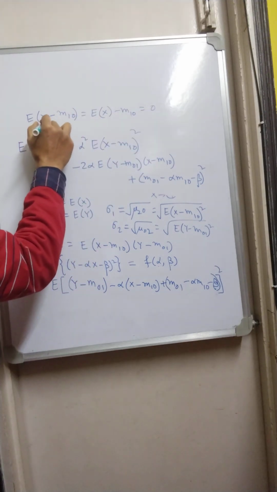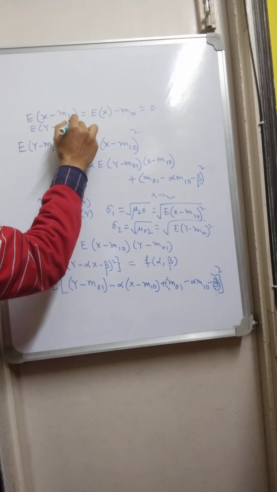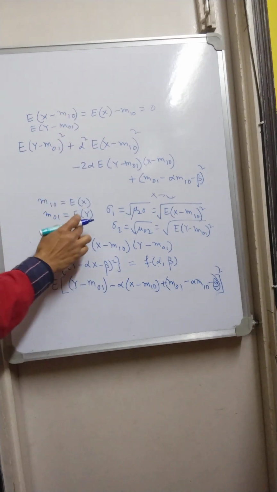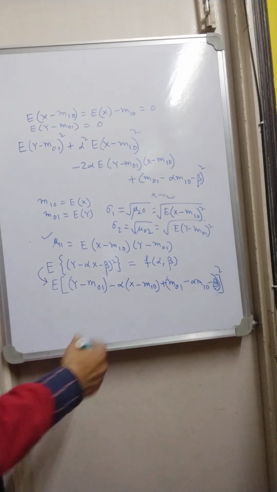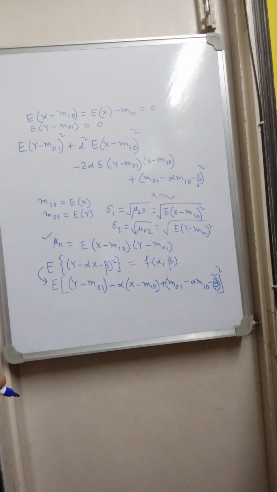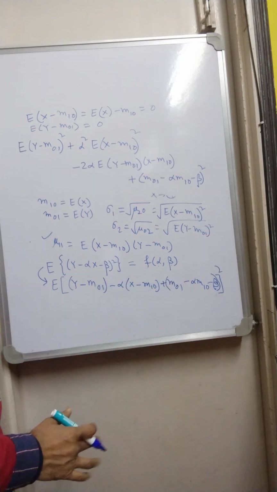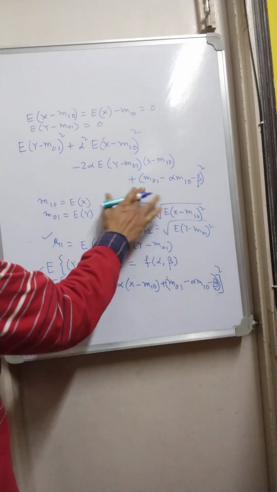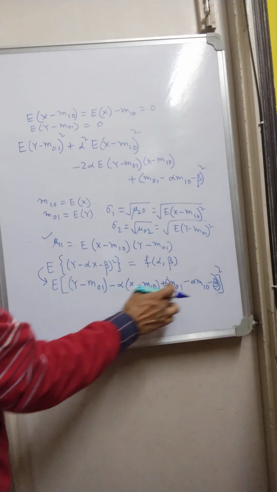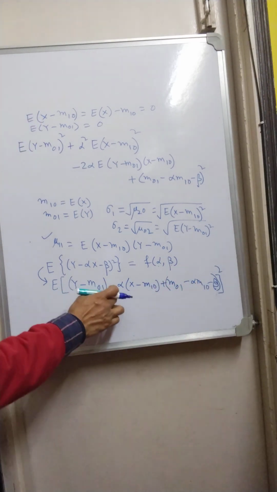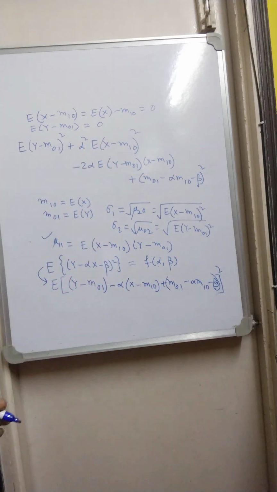And we have expectation of y minus m01, which follows from this definition that this is also 0. So when we calculate the other product terms, they are all equal to 0 and we are left with only these three terms: a square plus b square plus c square, and we have minus here, so the 2ab term that exists.